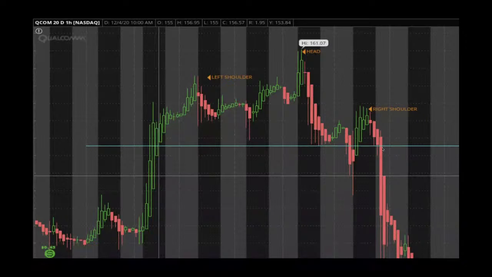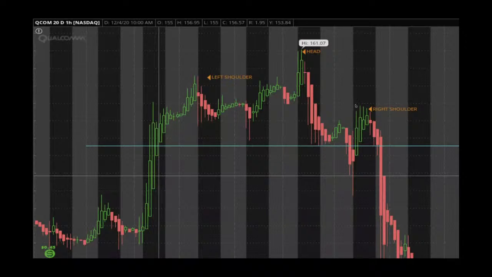So just to recap on this, this is a head and shoulders. It's a reversal charting pattern which goes from an uptrend to a downtrend. It happens during consolidation. As you guys see, there's consolidation here between the neckline and this high. We need a left shoulder, and after the price sets a high, we need a head, which is going to be your higher high.